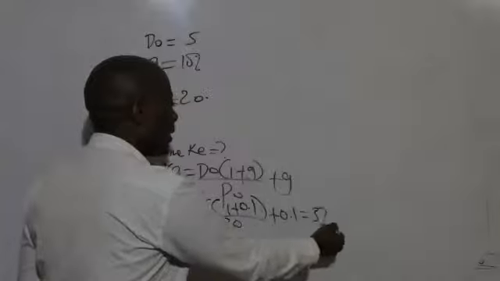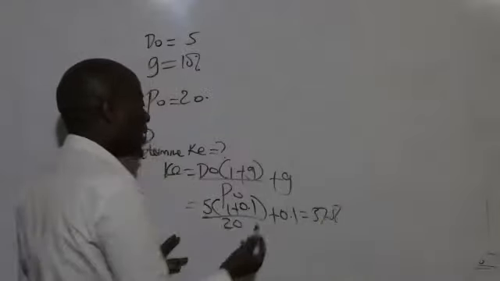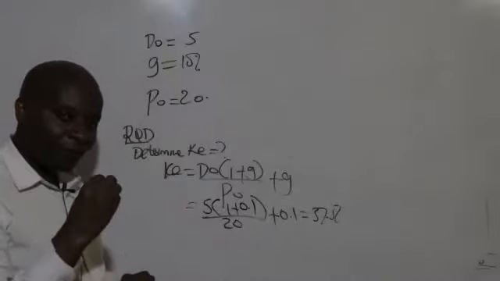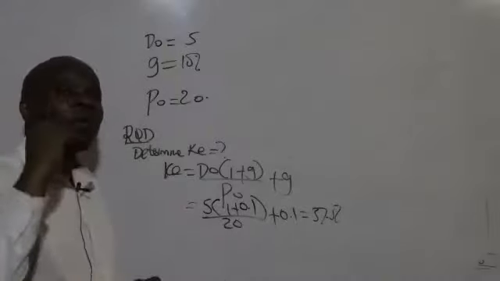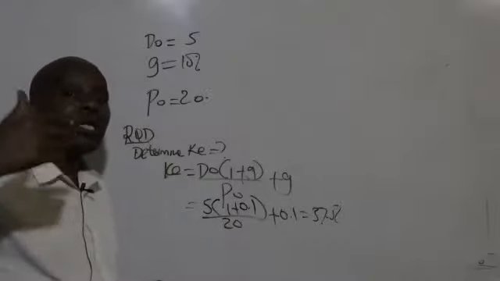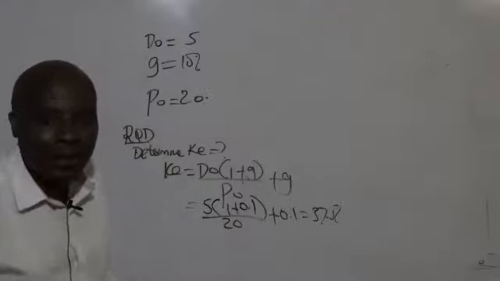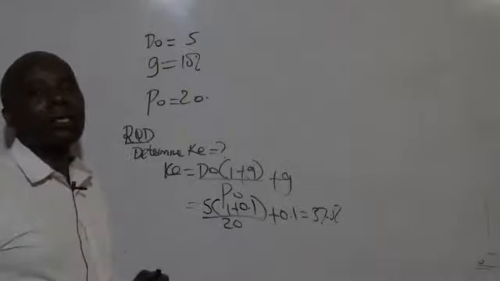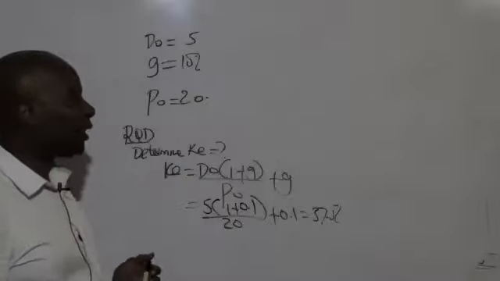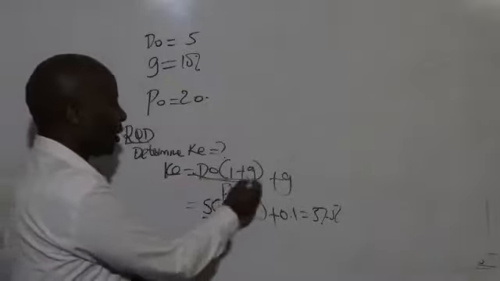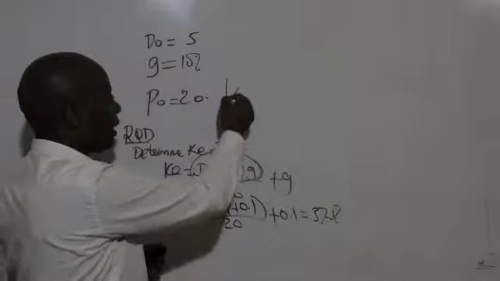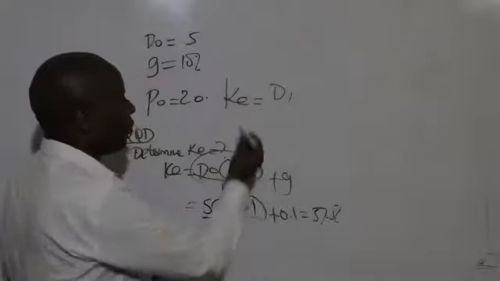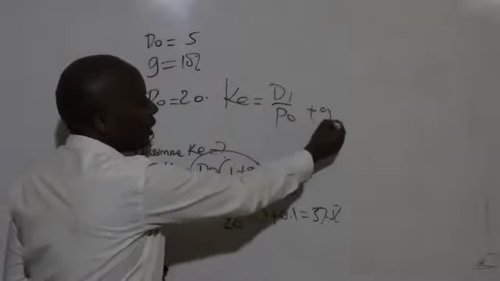Now I want to explain something very nicely here. Ladies and gentlemen, when it comes to cost of equity or valuation of shares, we prefer always working with dividends that have not been paid, what we call futuristic dividends. You'll get some literature saying that the cost of equity equals D1 all over P0 plus g.